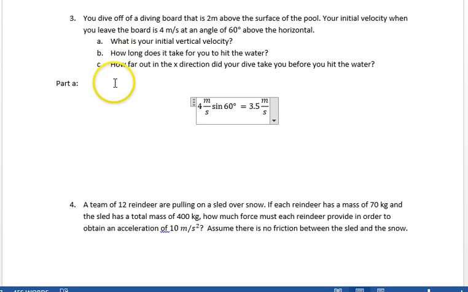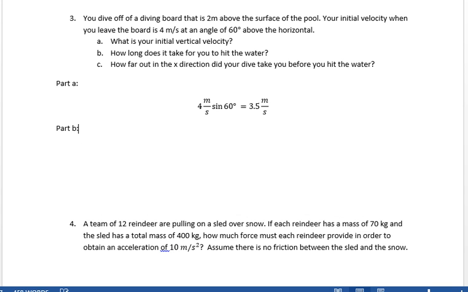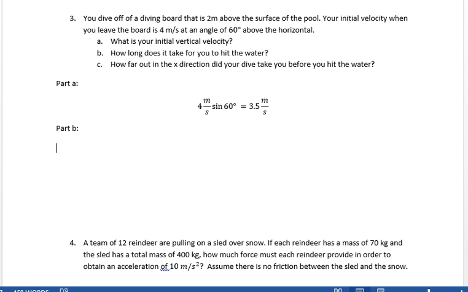How long does it take for you to hit the water? All right, once we have the 3.5 meters per second, that's the vertical component. This makes this problem exactly like, in terms of finding how long it takes you to hit the water, the diving board problem we had in our homework.